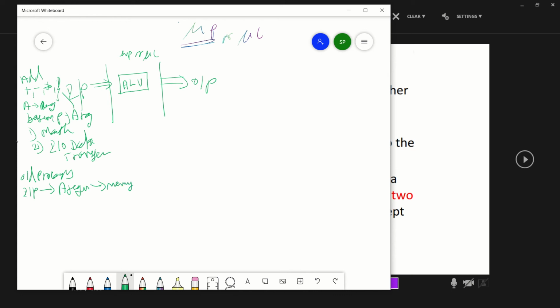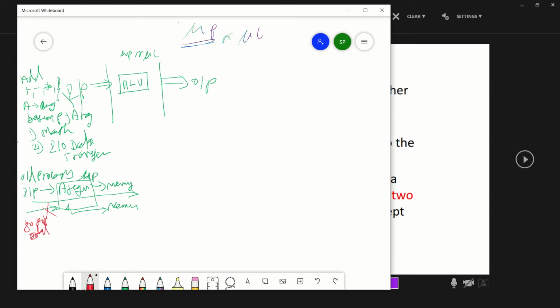This is the process of reading for the microprocessor. At the same time, if you are doing some other process, we are unable to transfer the data from the A register to the memory without the ALU. This is not possible for the 8080 and 8085, which are older processors.